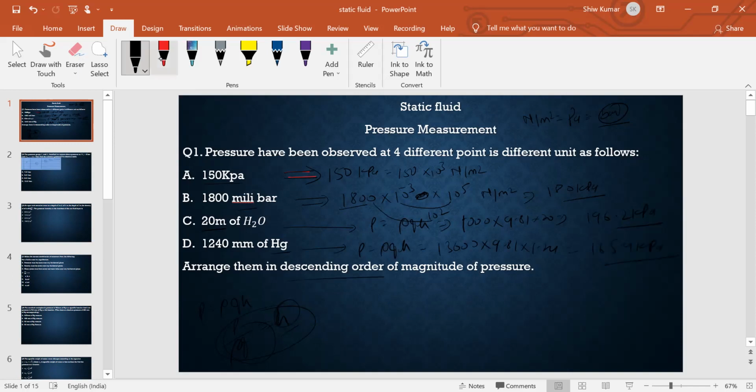First it will be C, then B, then D, then A. So option A is correct.